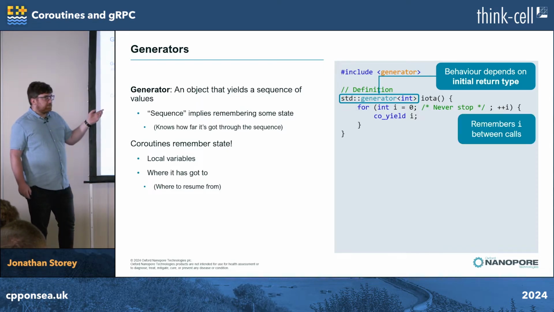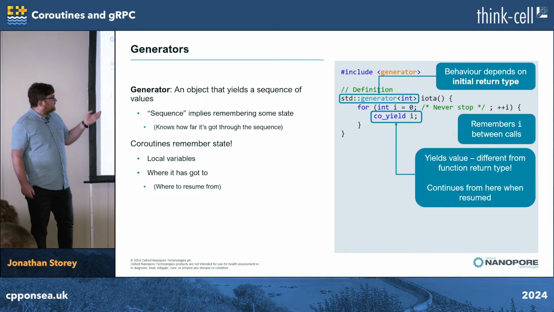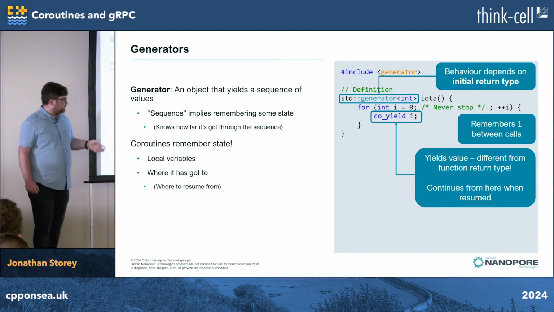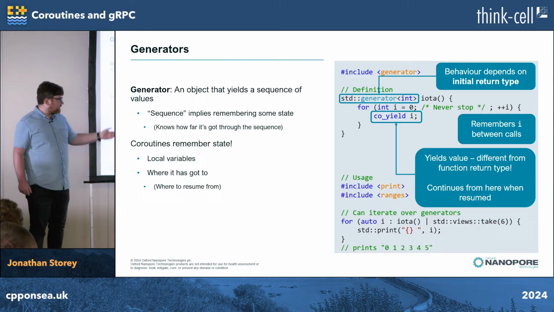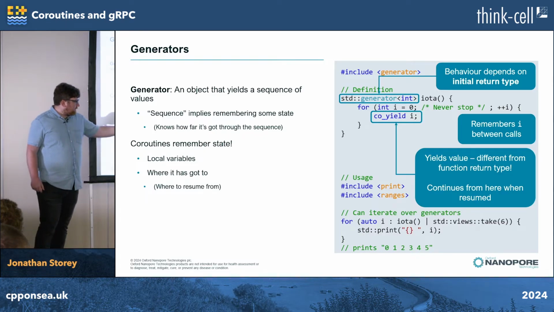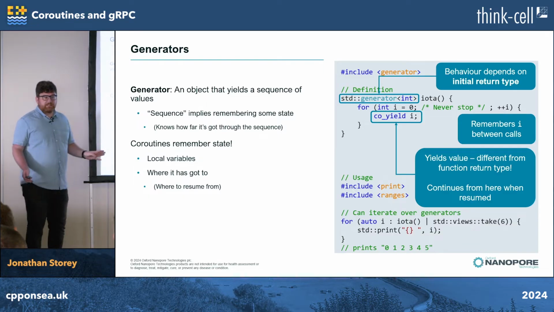It remembers i between calls, just like we said. And when we co_yield an int, that ties into this int here in the generator. The coroutine continues from the co_yield point when it's resumed. So it runs through, yields i and stops, and then when it's resumed, it picks up from where it left off. And you can use it with ranges. So this code with std::print and all that C++23 niceness prints exactly what you'd expect.